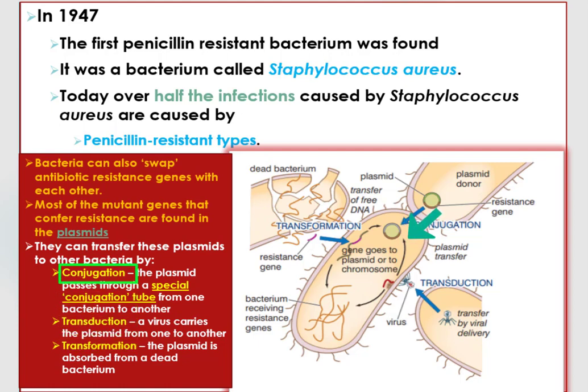Through conjugation, the plasmid passes through a special conjugation tube from one bacterium to the other. In the transduction process, a virus carries the plasmid from one bacterium to another. Through the transformation process, the plasmid is absorbed from a dead bacterium.